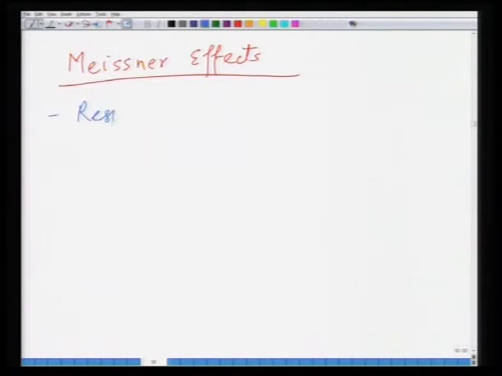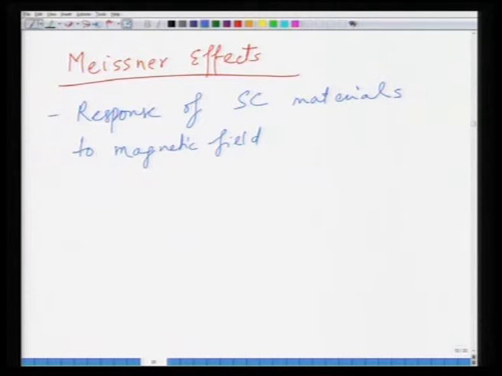The Meissner effect describes the response of a superconducting material to a magnetic field in the superconducting state, and it is named after two German scientists, Meissner and Ochsenfeld, who discovered this in 1933.